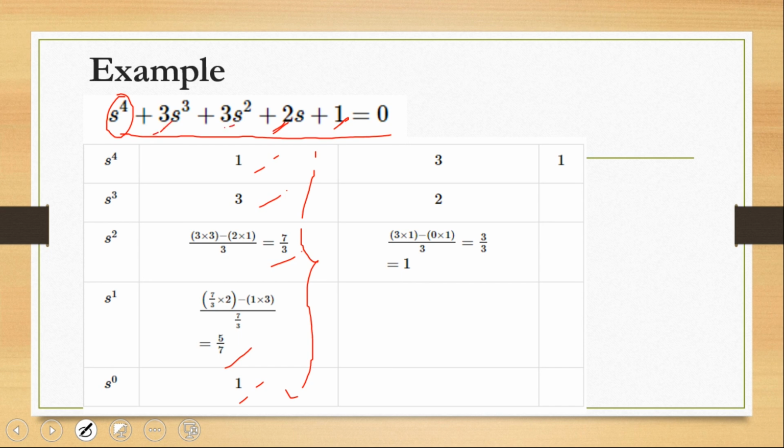Then to find the sufficient condition, we construct the roots array by following the steps, and based on the elements of the first column, we decide the stability. A few more examples we will see in the coming videos.